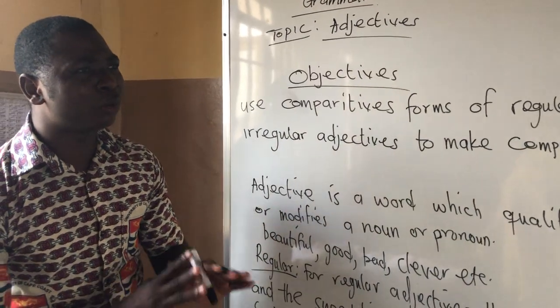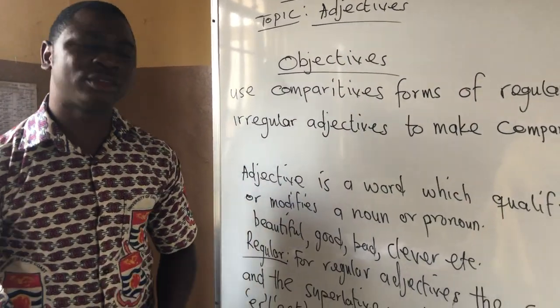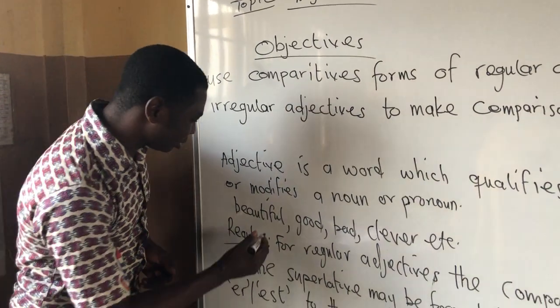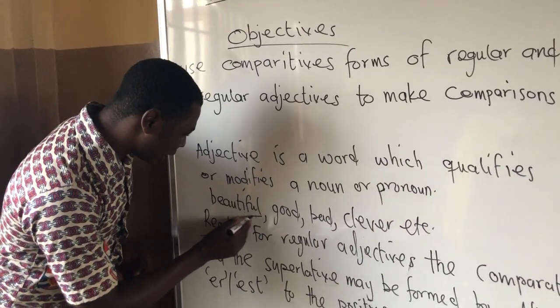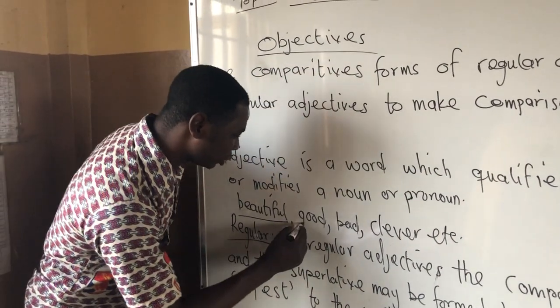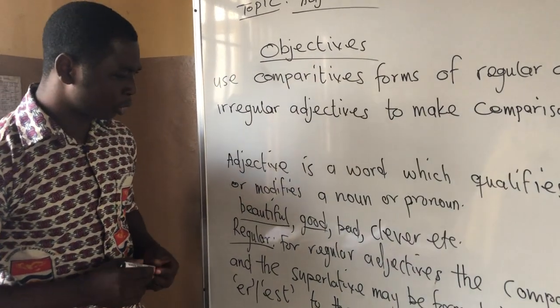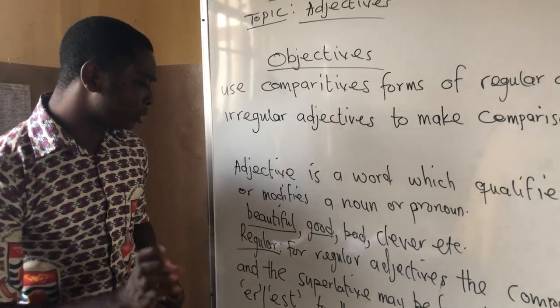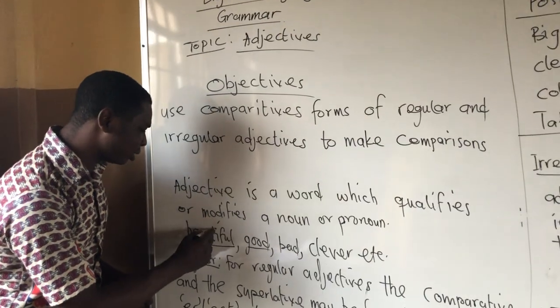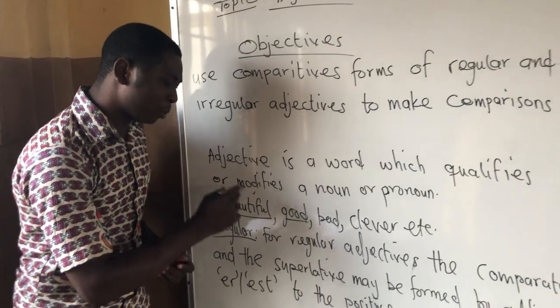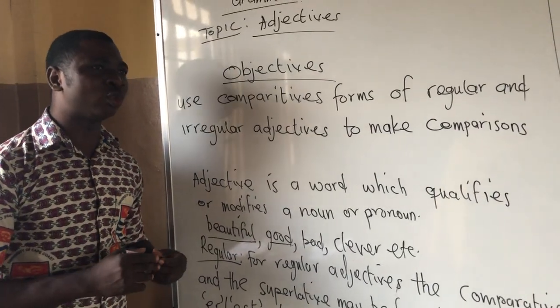I mentioned regular and irregular adjectives. Some of the words are very short, like big. Some of the words are very long. We have regular ones, which you can't divide into syllables. But the irregular ones, you can divide into syllables.